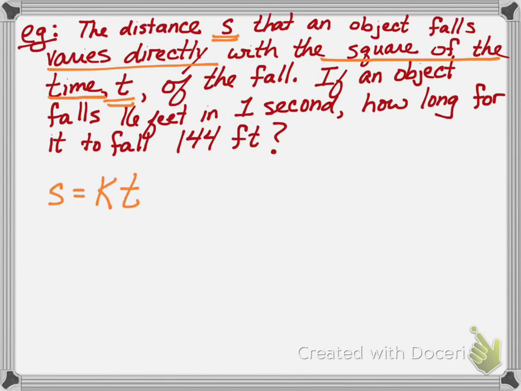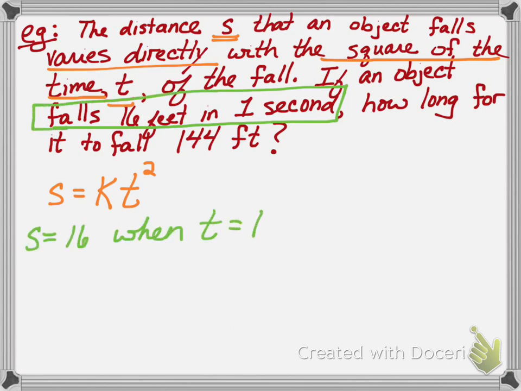So we write the equation s equals k times t squared. Okay, we are given that the object falls 16 feet when time is 1 second. So now we can set up an equation and solve for k.